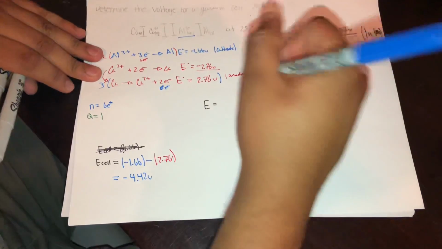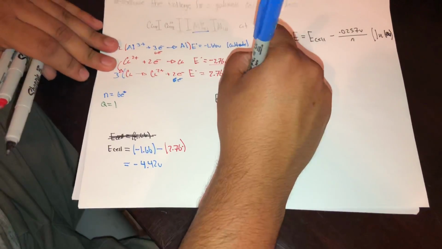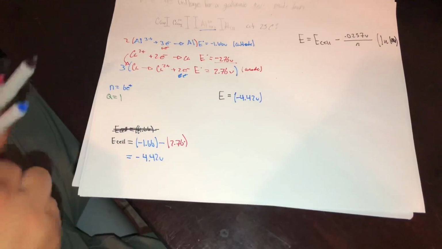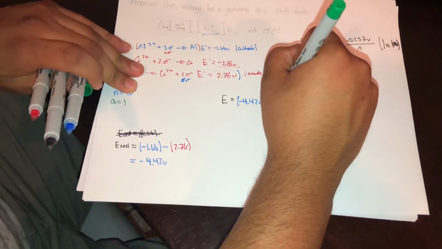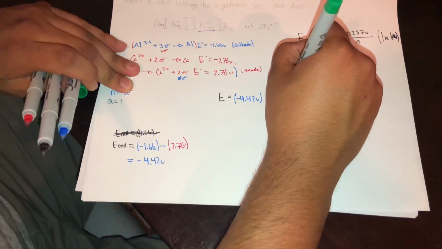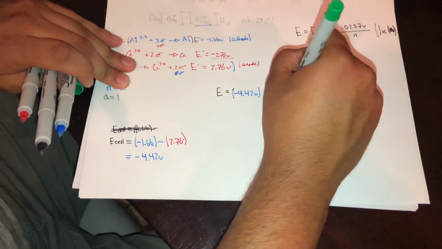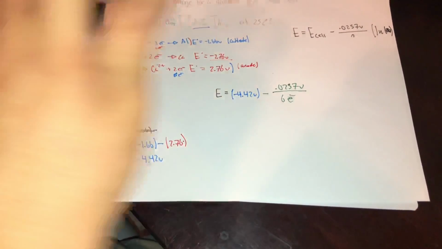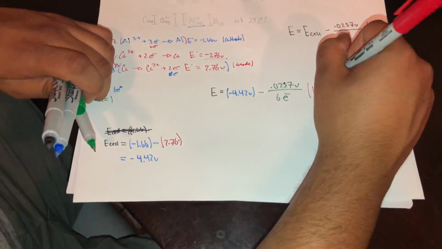Once you have your E cell, you just put it in right here. It's going to be your E cell, which will be negative 4.42 volts, minus 0.0257 volts over the number of electrons, which is 6 electrons, times the natural log of your Q, which is just 1.